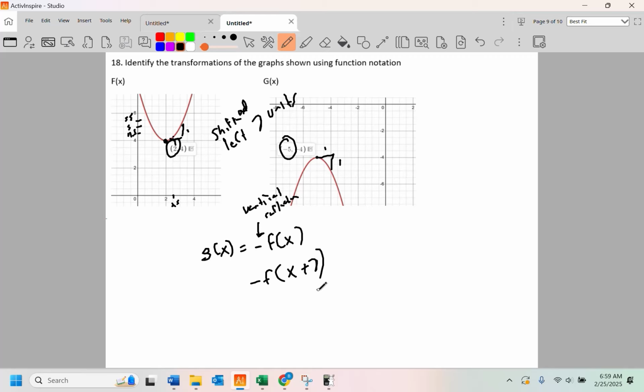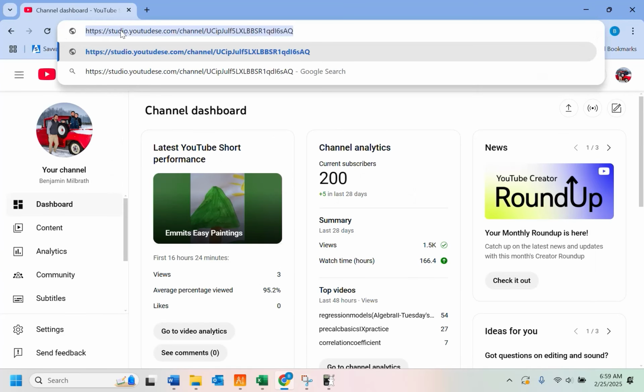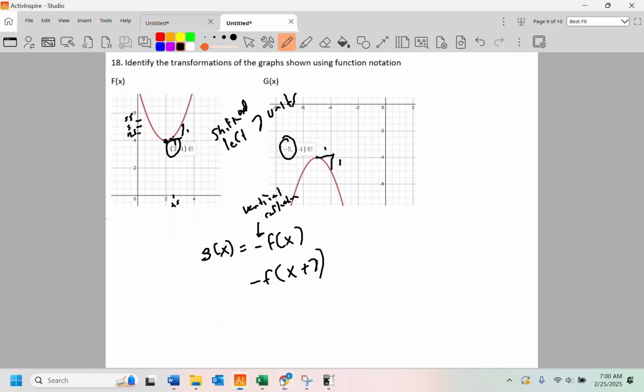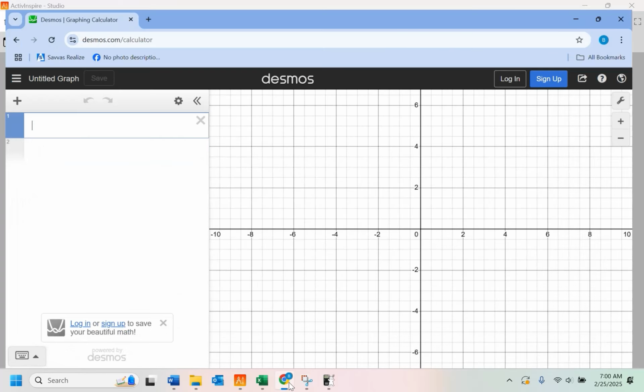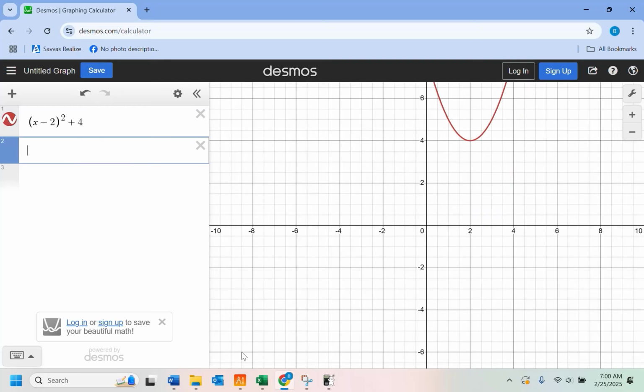So let me show you that on Desmos so you can have a little faith in it, because I know it seems weird. It'd be nice if you could pull out your Desmos while you're doing this. So the original function was a quadratic in vertex form. It had a vertex at 2, 4. And the original function was x minus 2 quantity squared and then plus 4. Now, what I'm saying has happened is I have made it negative.